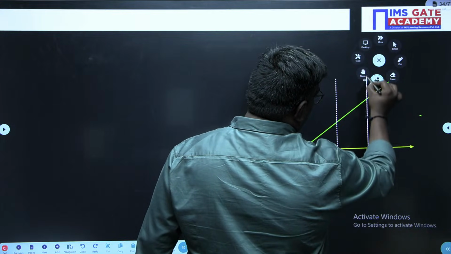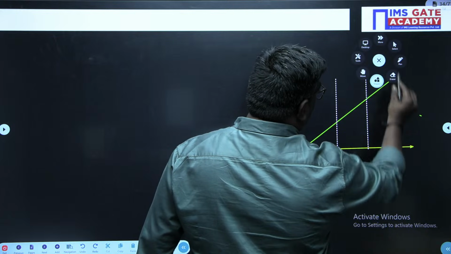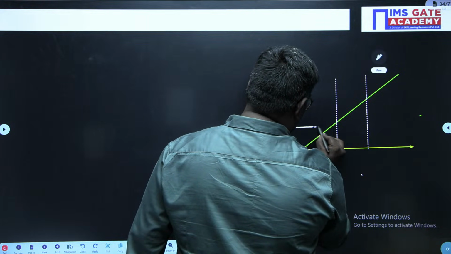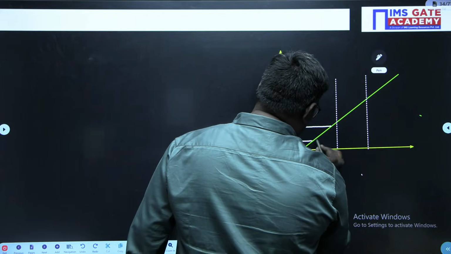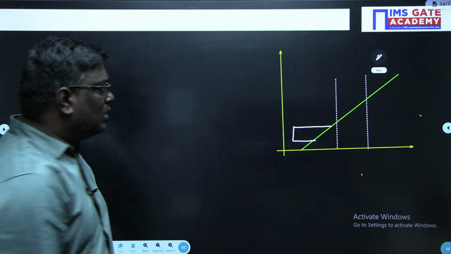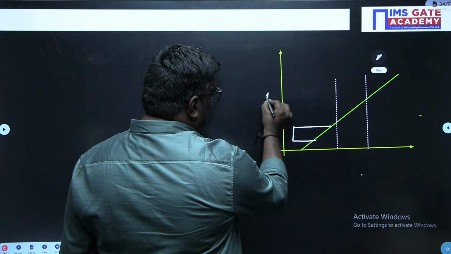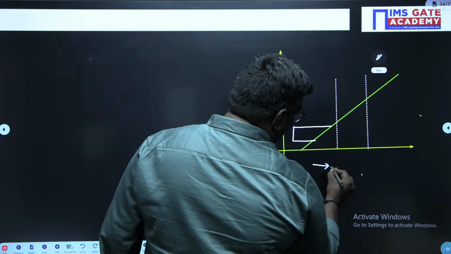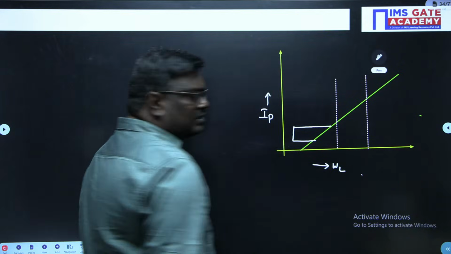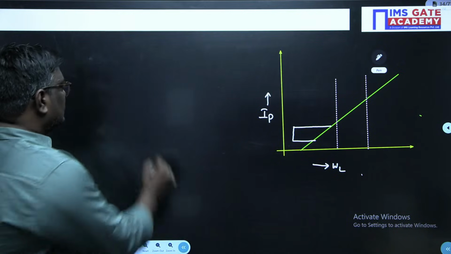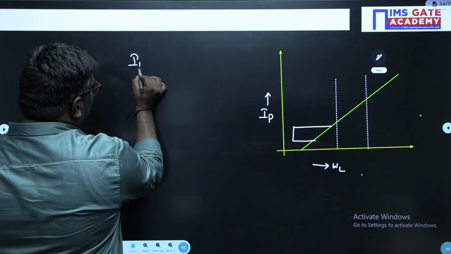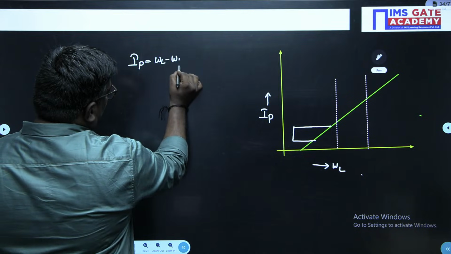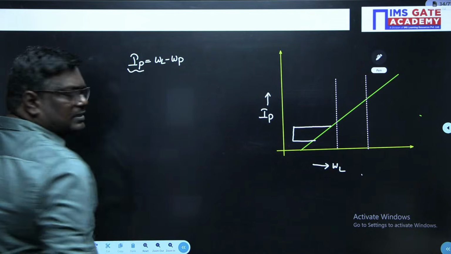Just a second, students. I'm trying to draw the diagram here. It's a graph drawn between plasticity index and liquid limit. This we call IP. IP is nothing but liquid limit minus plastic limit. This we call the plasticity index.